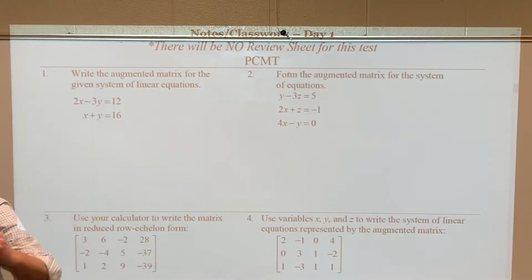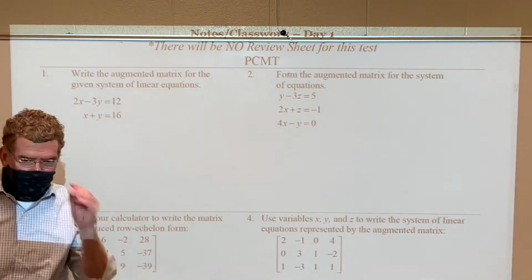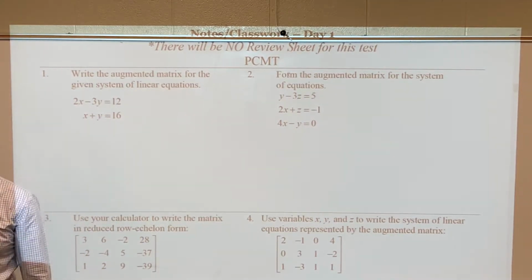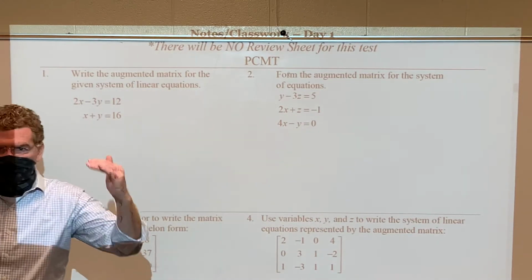systems of equations. And the great thing about this is back when they invented all this, there were no computers. It was just a very organized, systematic way of getting stuff solved.